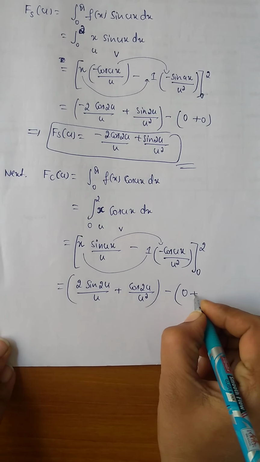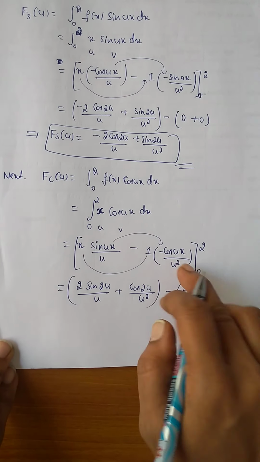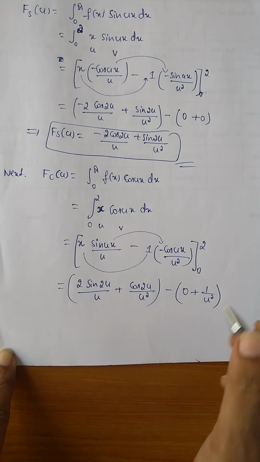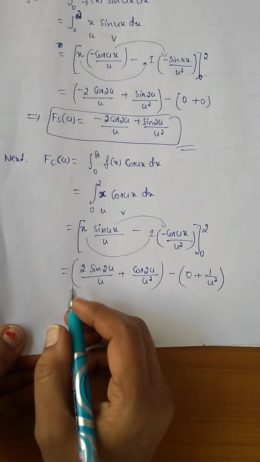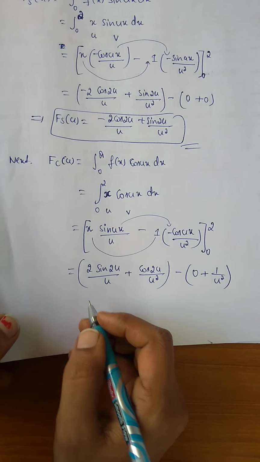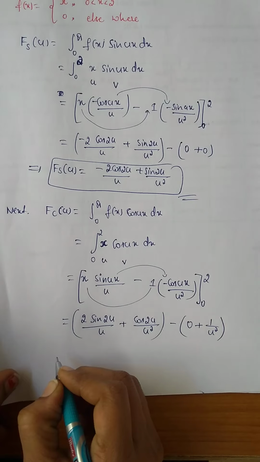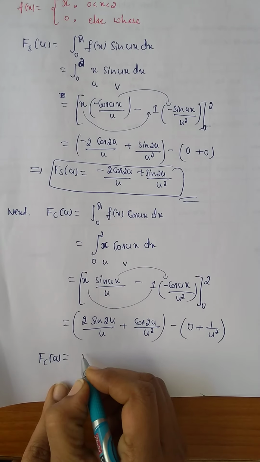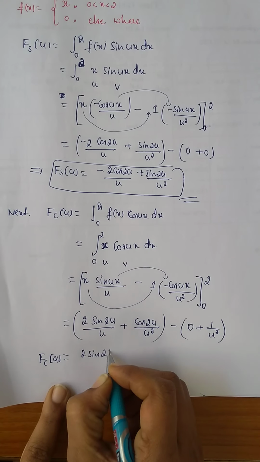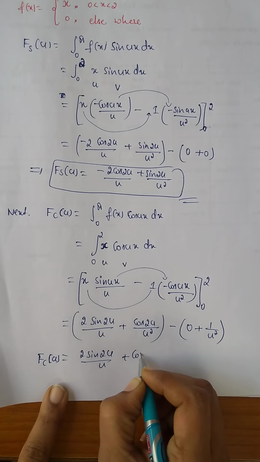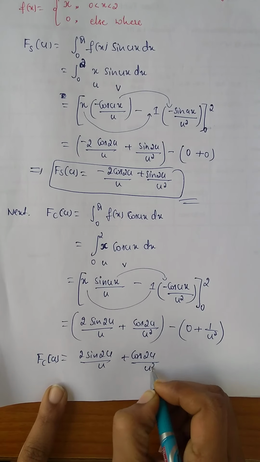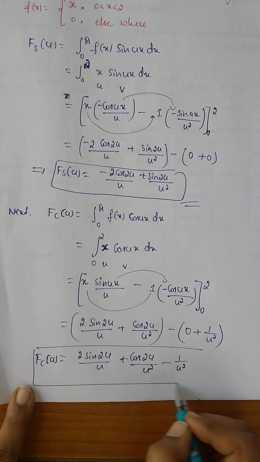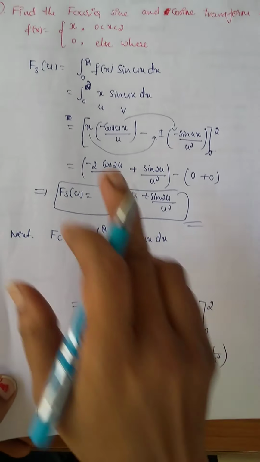For the second term, minus into minus is plus, and cos 0 is 1, so 1 by u square is the lower limit term. Finally, the Fourier cosine transform is equal to 2 sin 2u by u plus cos 2u by u square minus 1 by u square. This is the Fourier cosine transform of the function x.